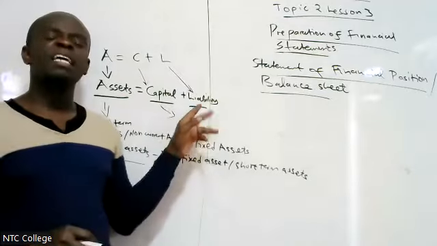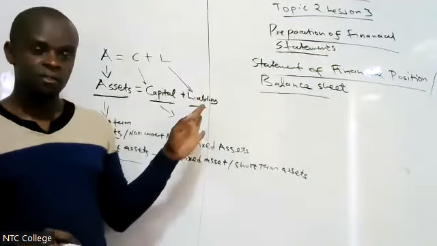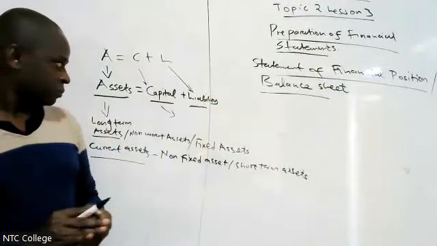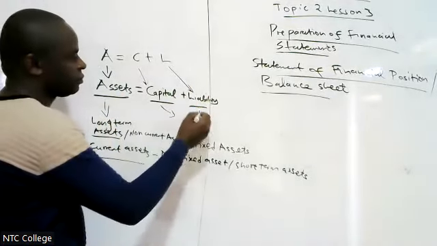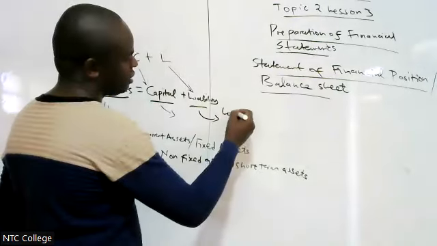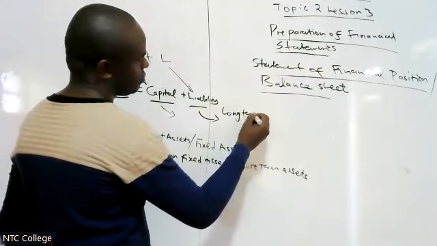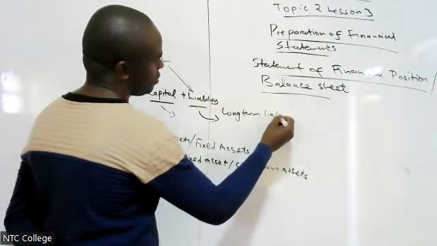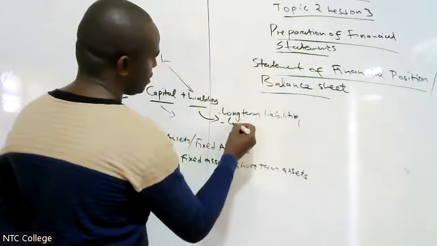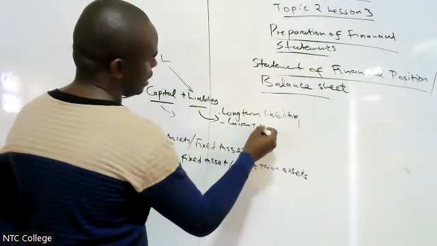And any debt that is borrowed to run the business is what we call a liability. Also here, we have two types of liabilities. We have long-term liabilities, and then we have current liabilities.